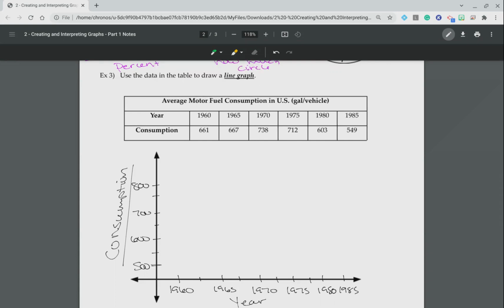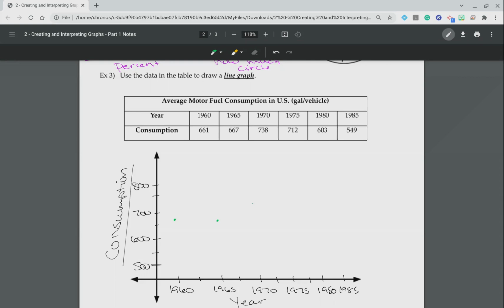Okay, so in 1960, we had 661. So that's going to be about right here, right over 650. 1965, we had 667. So that was pretty close to the same spot, just a little bit higher. In 1970, we had 738.